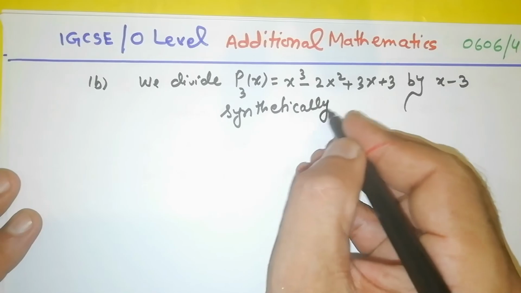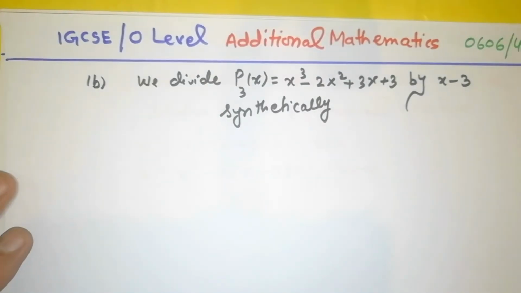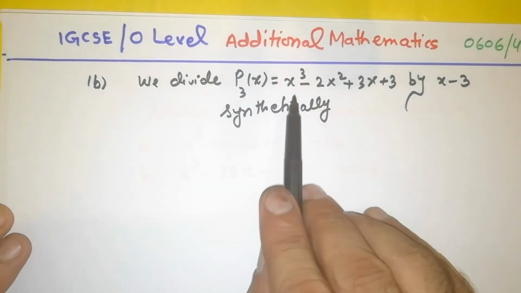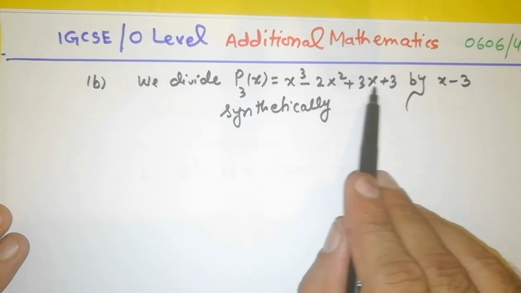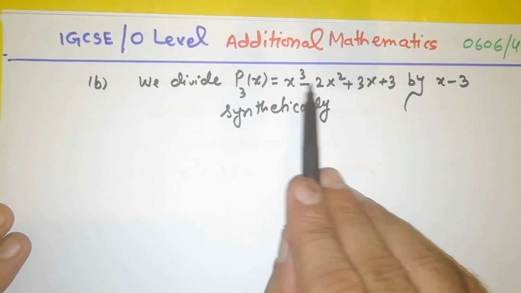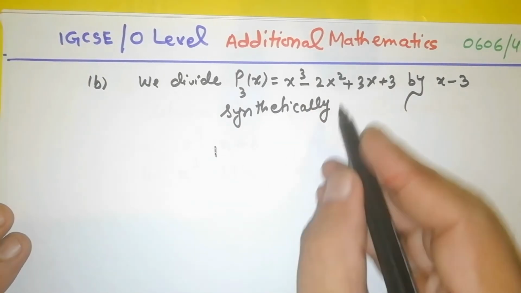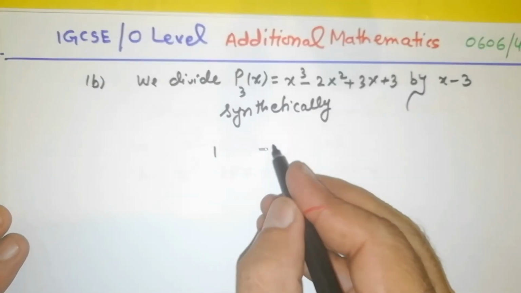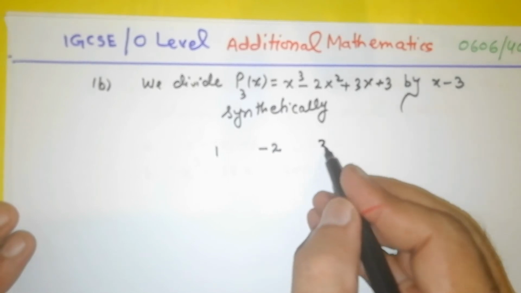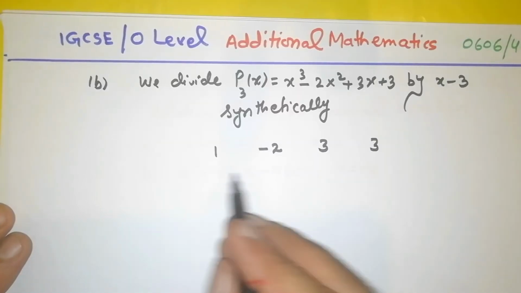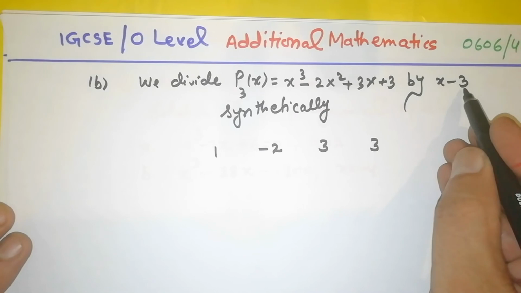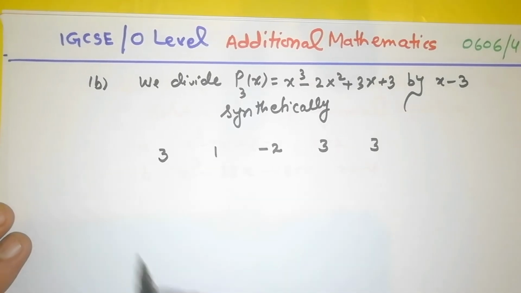Need to mention here synthetically. So by synthetic division we write the coefficients of this dividend polynomial. The x cube coefficient is 1, x square coefficient is minus 2, x coefficient is 3, and then this 3, and at the leftmost position we shall write here 3.